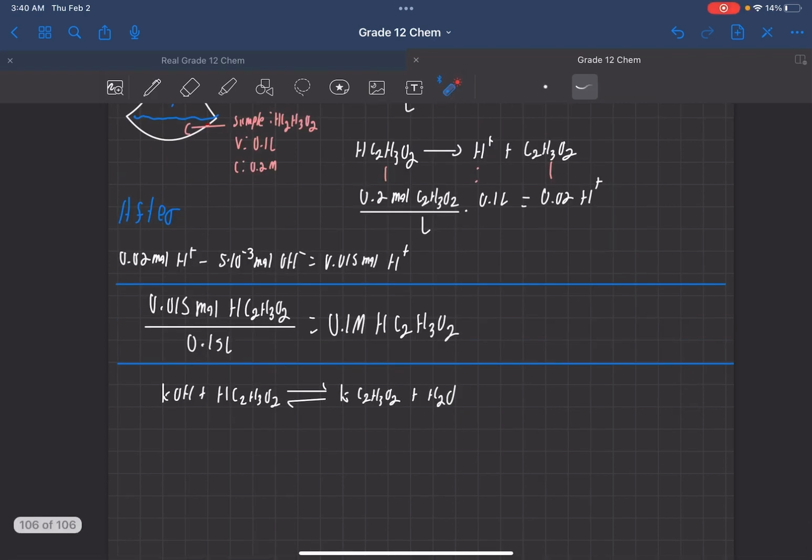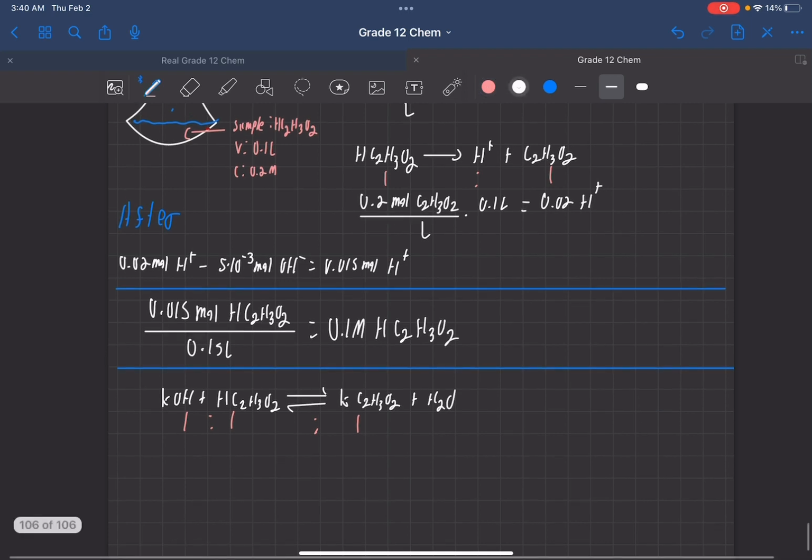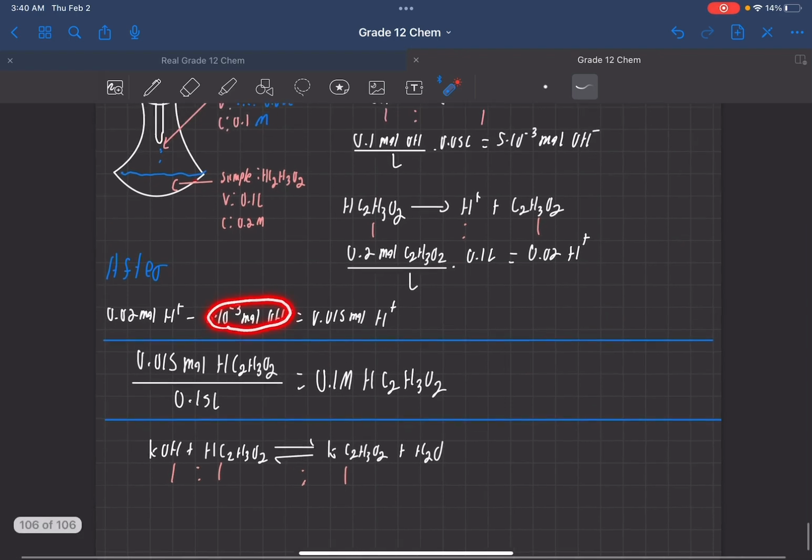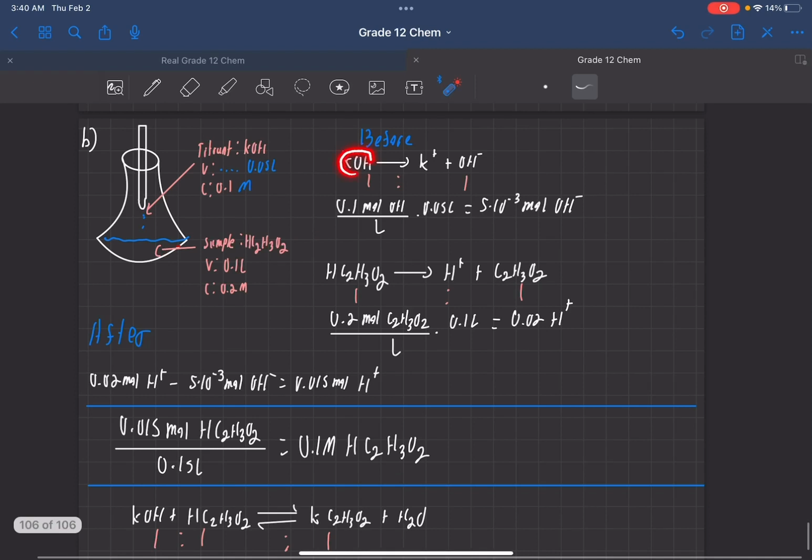Okay, so let's find the molarity of this salt. So how are we going to do that? Well, we know this is all a 1-to-1 ratio, right? We know that this and this, that's going to be 5 times 10 to the negative 3 moles, because the 5 times 10 to the negative 3 moles of hydroxide comes from 5 times 10 to the negative 3 moles of potassium hydroxide, which is going to react with our acid.